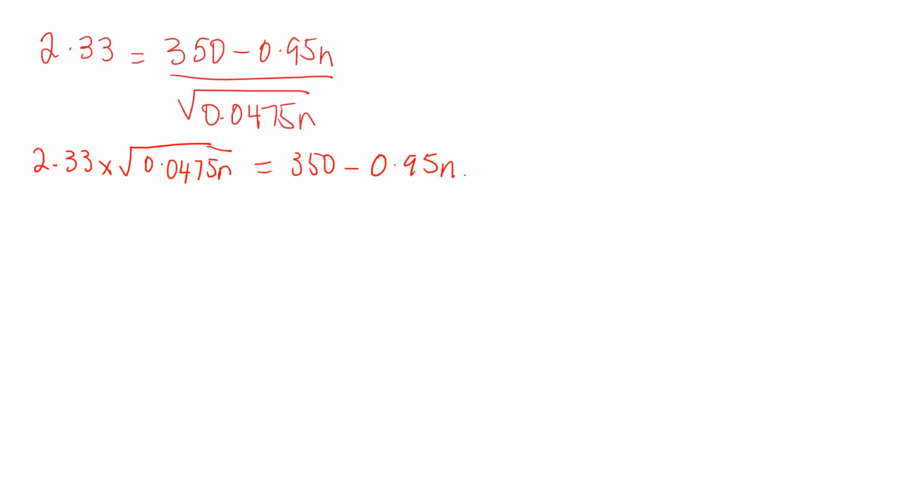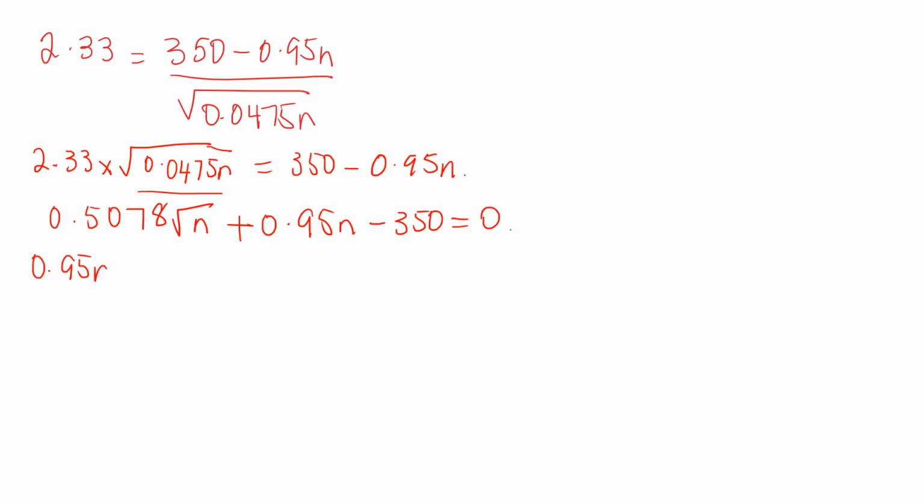I'm just going to get this number out of there and multiply it by 2.33. So I'm going 2.33 times the square root of 0.0475, which is 0.5078, times the square root of n. Now adding 0.95n and then take away 350 equals 0. We nearly have an equation here that can be reduced to a quadratic.